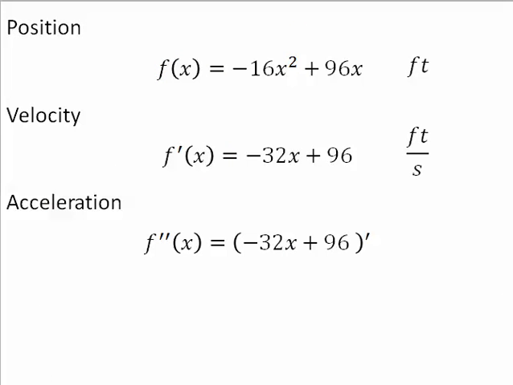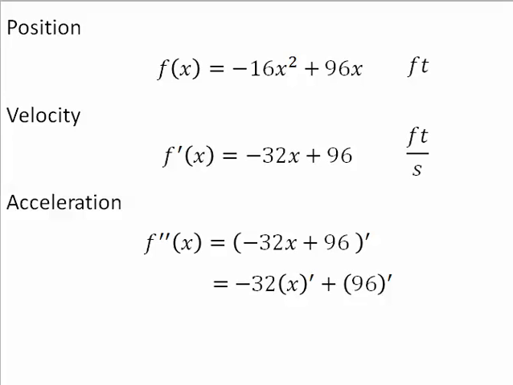If f gives position, then f prime gives velocity. f double prime, the second derivative, would give me acceleration. So let's find acceleration. This too we found using the definition of derivative, but we're going to use our rules of differentiation.